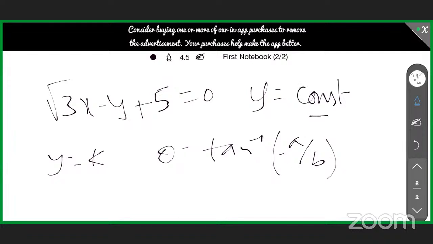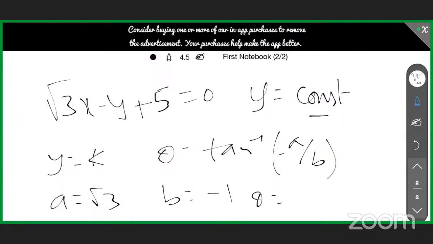So if you do it also, first you have to find out what is my a, what is my b, and so on. What is my a value here? Minus root 3. B value is equal to minus 1.